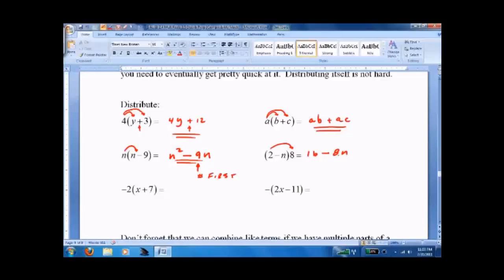And I thought here we always put the number first, but we also always want to put, we'll talk about this in a little bit, the whole term that's got a variable in it first. So we'll just rewrite it. Negative 8n plus 16. More on that later if that seems confusing. Don't get hung up on it. You'll get so good at that you won't even think about it.